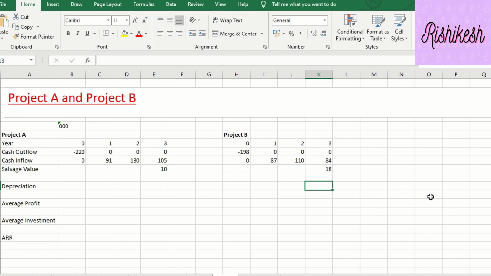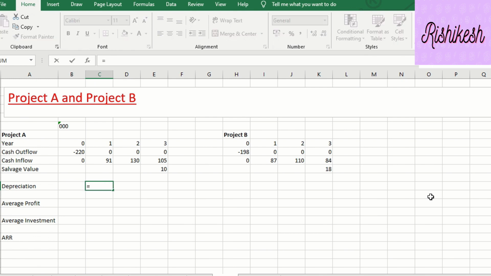Now, how can I calculate depreciation for project A as well as project B? And we have to use the straight line method of depreciation, let us suppose. So in the straight line method of depreciation, how will you find out depreciation at the end of first year?